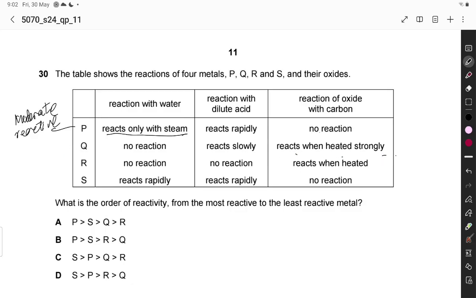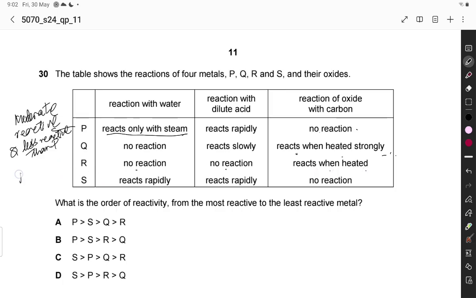Then Q is less reactive than P. R: no reaction, reacts when heated.